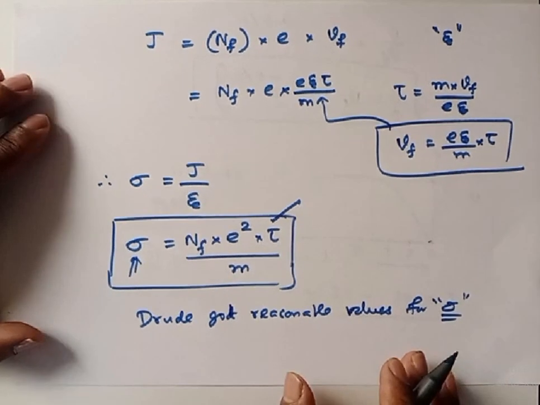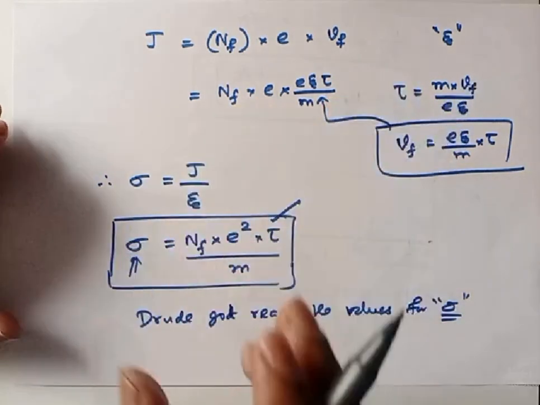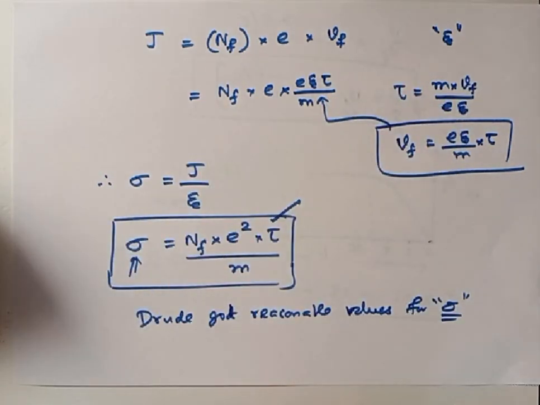Reasonable values means the values are quite close to the experimental value. In those days people were so happy about this discussion, and most scientists accepted this model. But the problem comes in the discussion of thermal conductivity, which we are going to discuss in the next class.